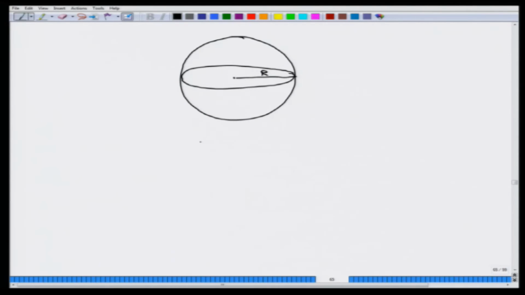So, what I have done is that I am looking at one section of the sphere, and I am looking at a very thin strip cut out from it. I am looking at the volume of this strip.